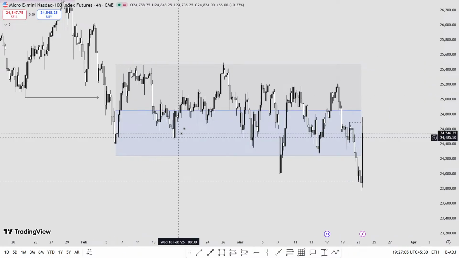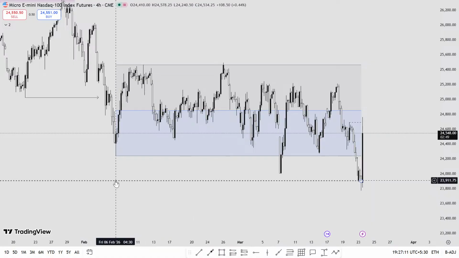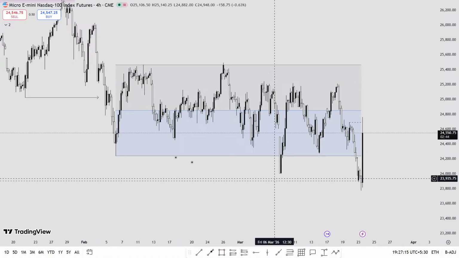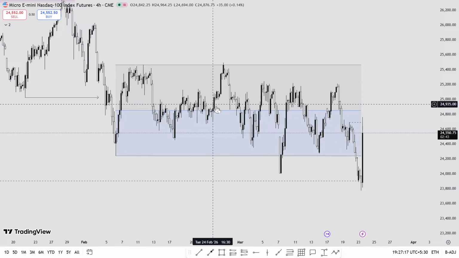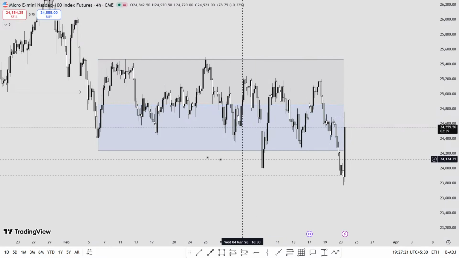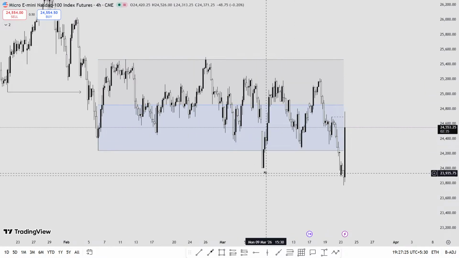Market was moving in this range for a period of, I think, February to March. It's a long period. Market was consolidating here and took liquidity, then went up again, then again came downside, took liquidity.